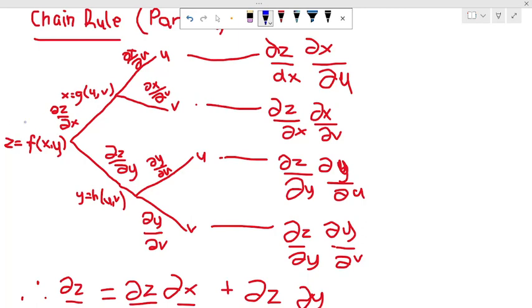Now let's consider a function z, and that function z is dependent on x and y. So now we have our function here to be z, and that function is dependent on x and y.